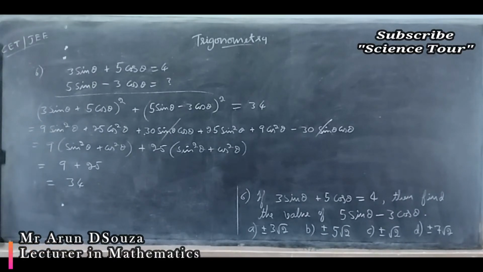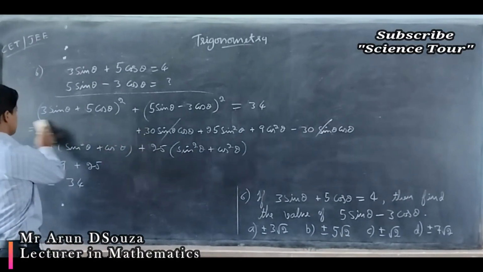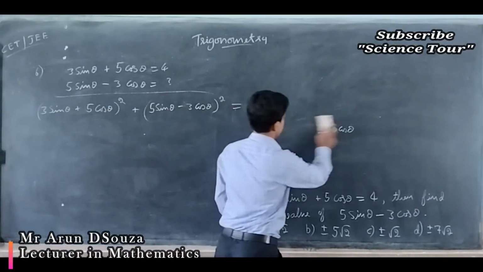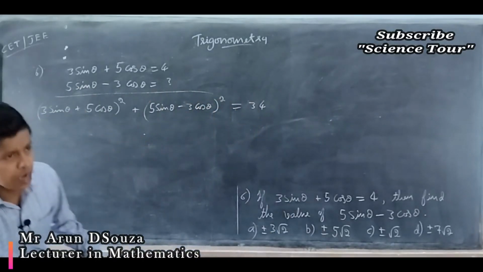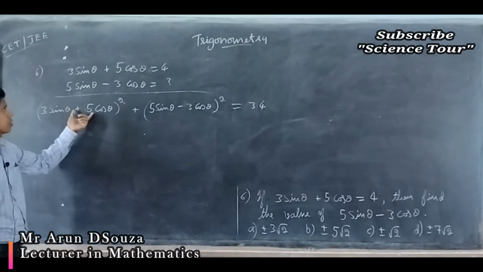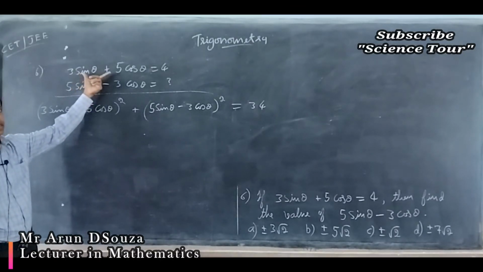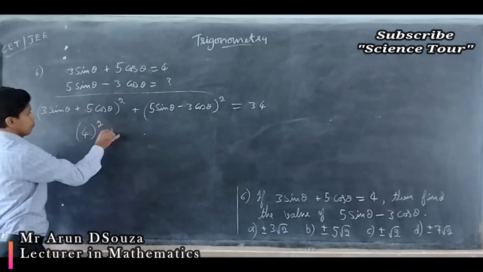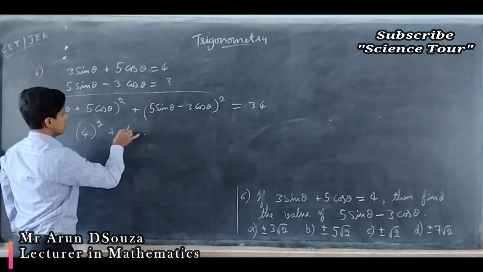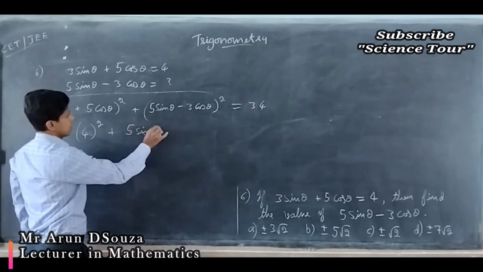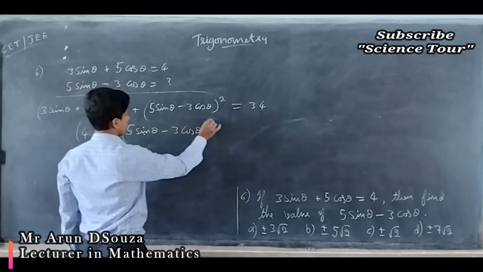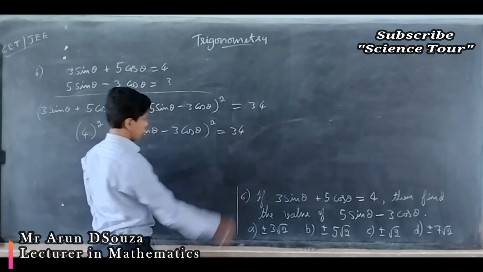Now you see what I am doing here. I'll erase this and substitute the value of this. What is the value of this? 4, and you have 4 square plus (5 sin theta minus 3 cos theta) square, that is equal to 34.